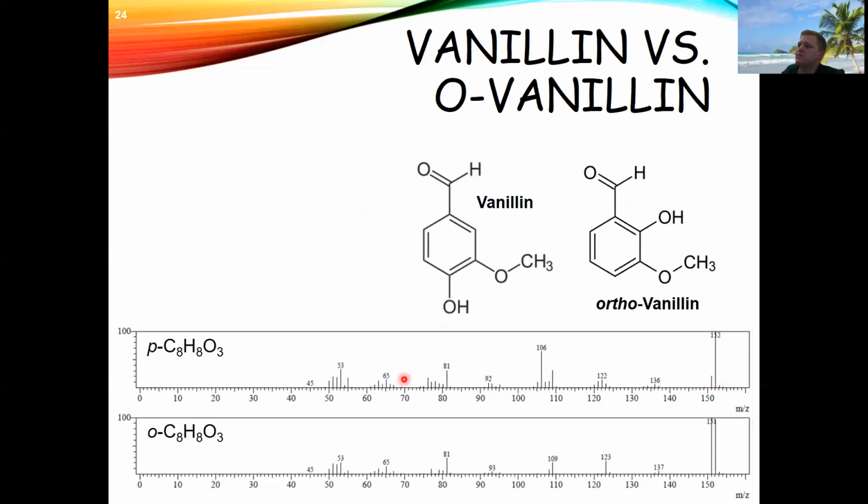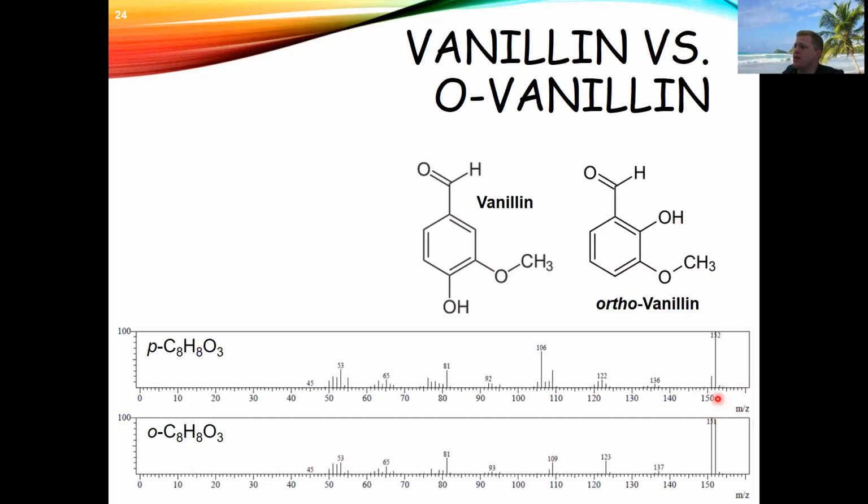But here is the mass spectrum for vanillin, and here is the mass spectrum for orthovanillin. You'll notice they both have a big peak over here at 152. The highest peak for orthovanillin is actually at 151, so it really likes to lose one hydrogen. So moving this OH group from here to here actually makes it real easy for that hydrogen to fly off when you rip off its electrons.